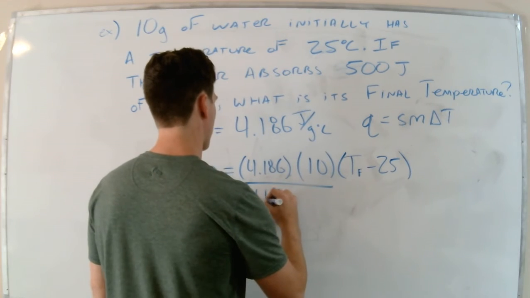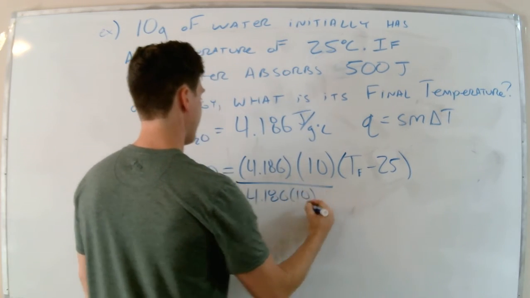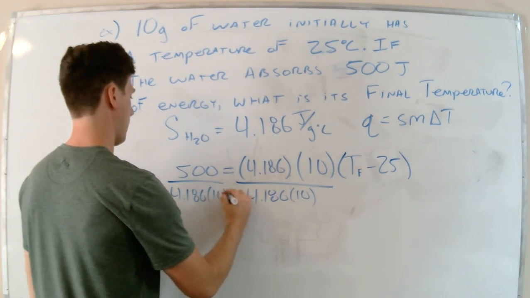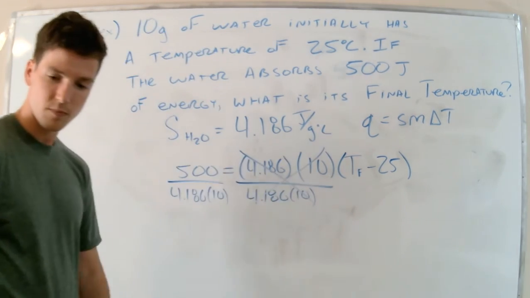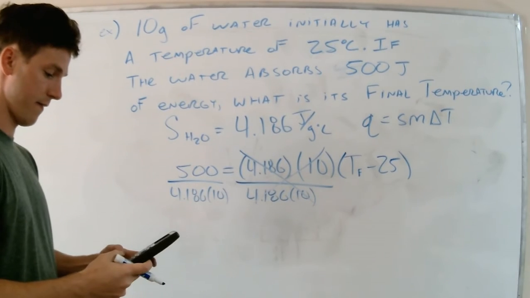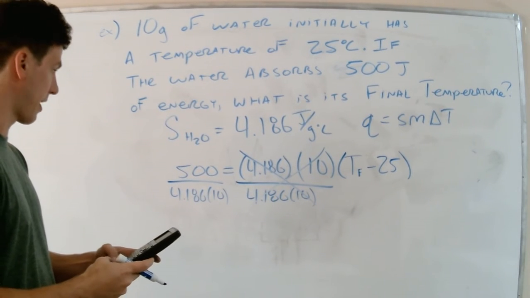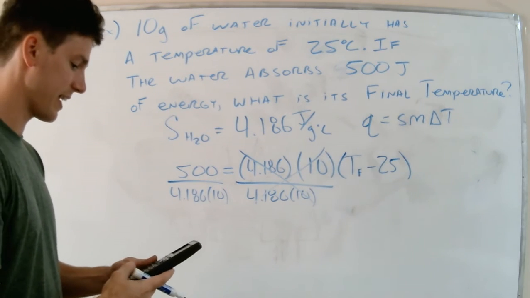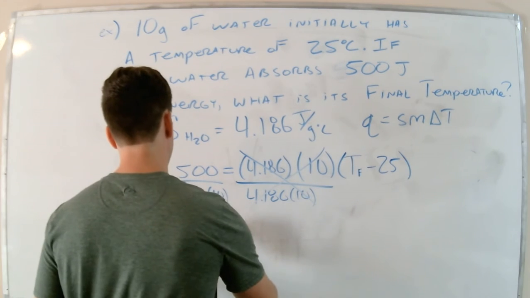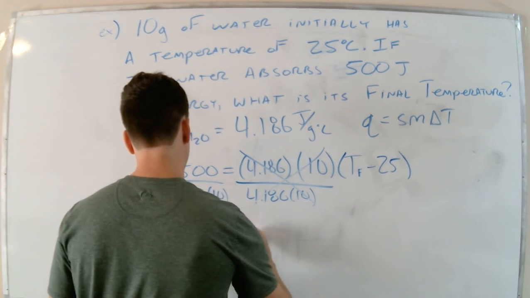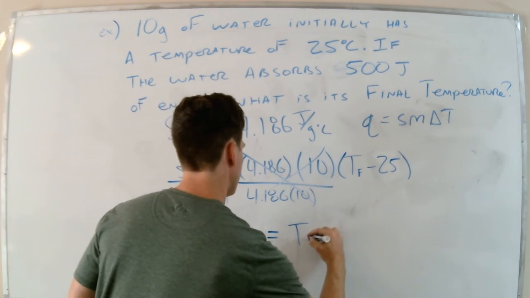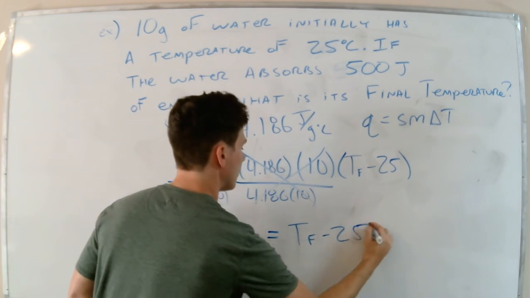Let's divide by 4.186 times 10 on both sides. So I'll take 500 divided by 4.186 times 10. And I get something like 11.94 equals TF minus 25.